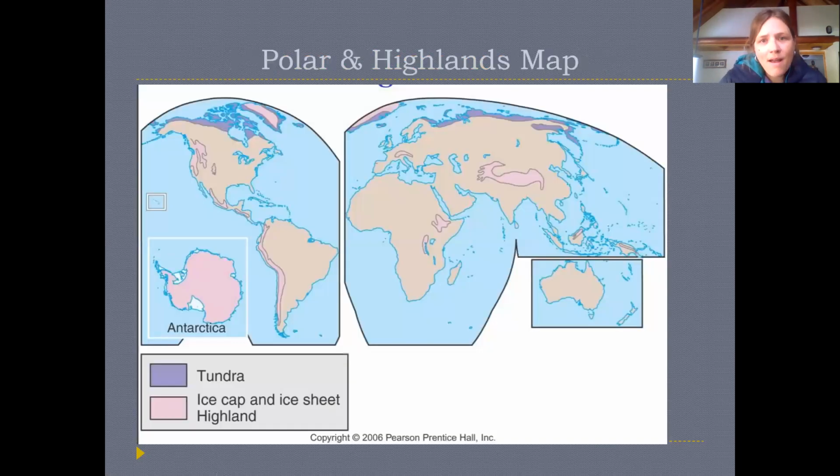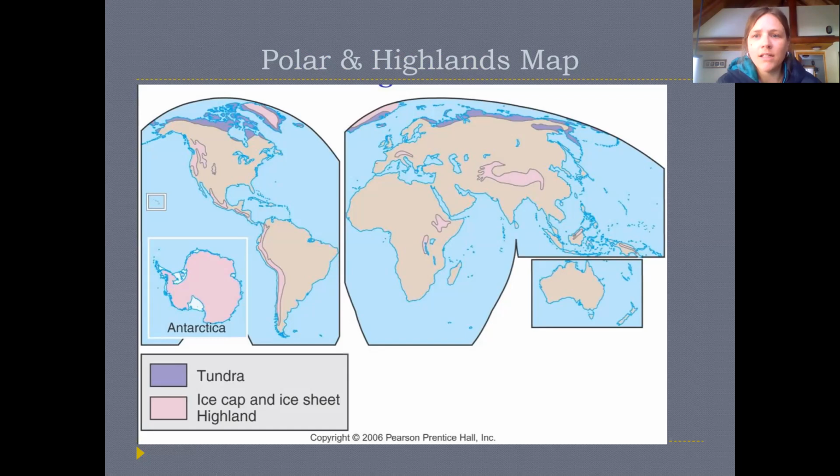So here's a map of these areas. And interestingly, this map combines the polar climates, which we can see all the way up in northern Canada, northern Siberia, Greenland, and all the way down in Antarctica. But then also we see some areas at lower latitudes that have this kind of ice cap type of climate.